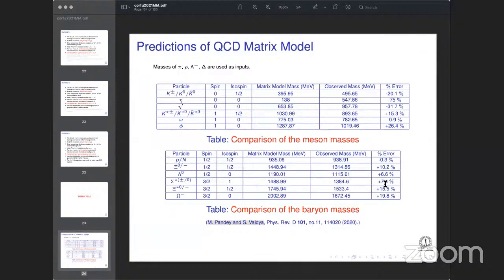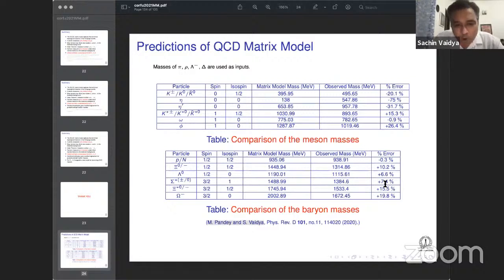But for me, the takeaway message is that the modes of QCD that the matrix model represents are responsible for anything between 75 to 99% of the mass of the light hadrons. The full field theory contributes very little to the mass of the light hadrons, except that when we have better data for K and eta prime, we will see. But for all the other particles, most of the mass of the light hadron comes from this particular mode of QCD.